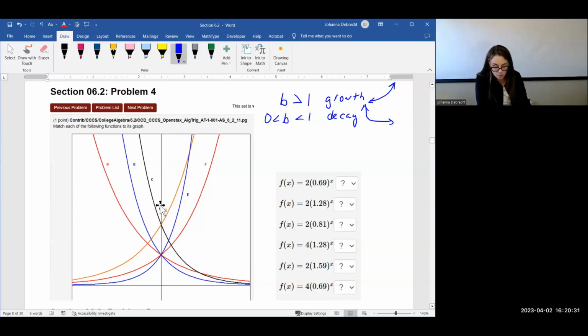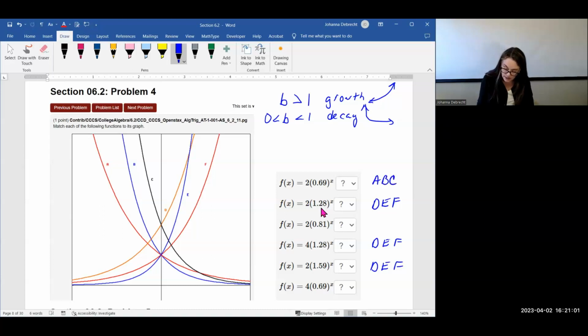The ones that have a growth factor, the multiplicative factor or base of the exponential, greater than 1 have to be D, E, or F. So this could be D, E, or F. This could be D, E, or F. And this could be D, E, or F. The ones that decay are going to be C. This could be A, B, or C because the rate is 0.81 and the rate here is 0.69, so it could be A, B, C.